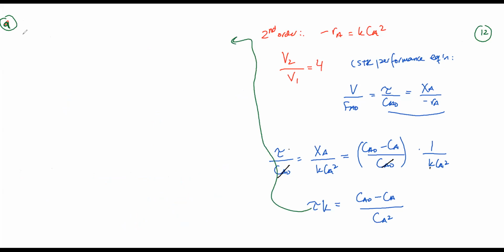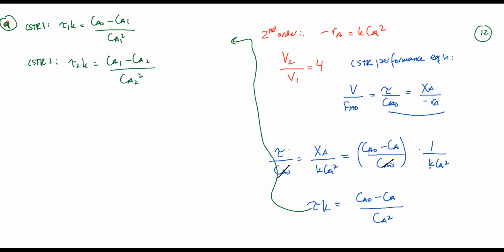So let's move up here. For CSTR 1, I have tau 1 K is equal to CA naught minus CA1 divided by CA1 squared. Whereas for CSTR 2, I have tau 2 K is equal to CA1 minus CA2 divided by CA2 squared, right?